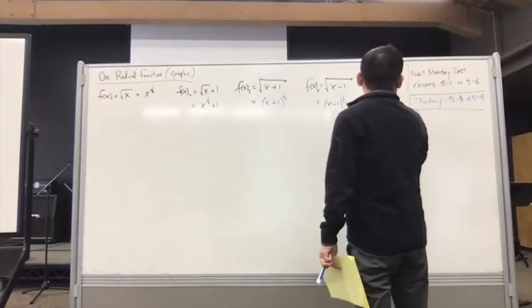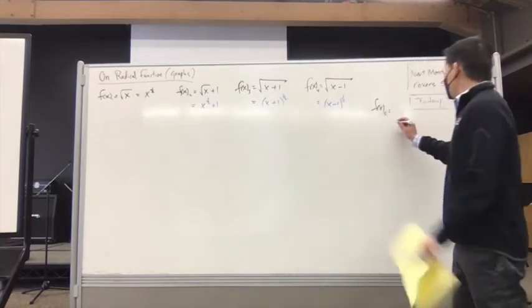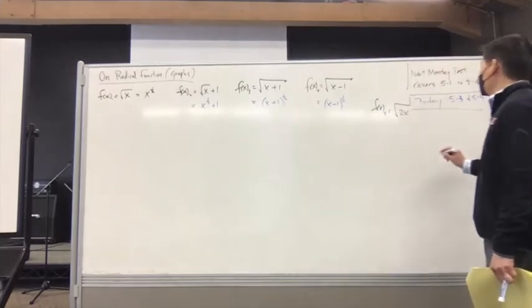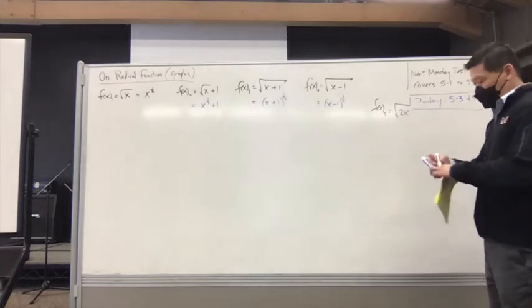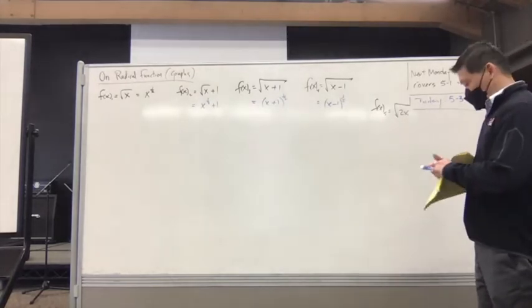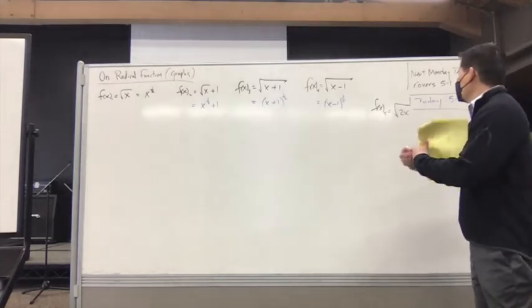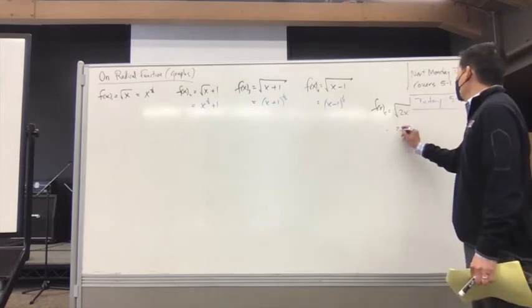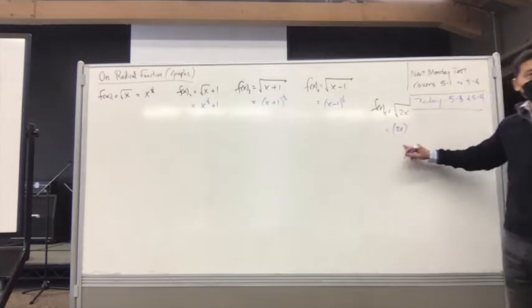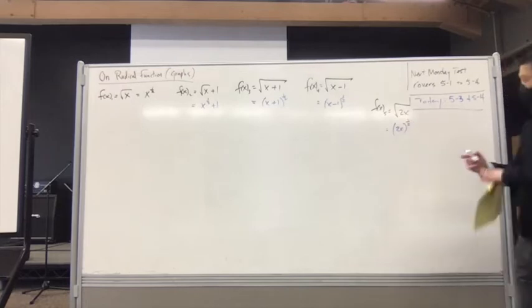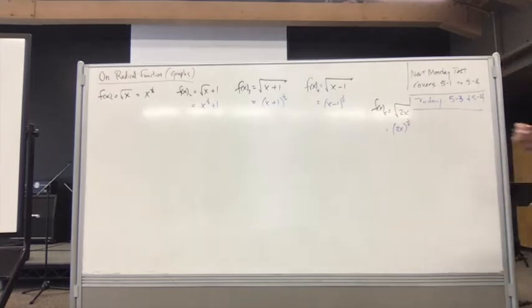The fifth one, f of x equals square root of 2x. This is 2x in parenthesis to the 1/2 power. And notice, comparing to the sixth function, which is 2 square root of x.